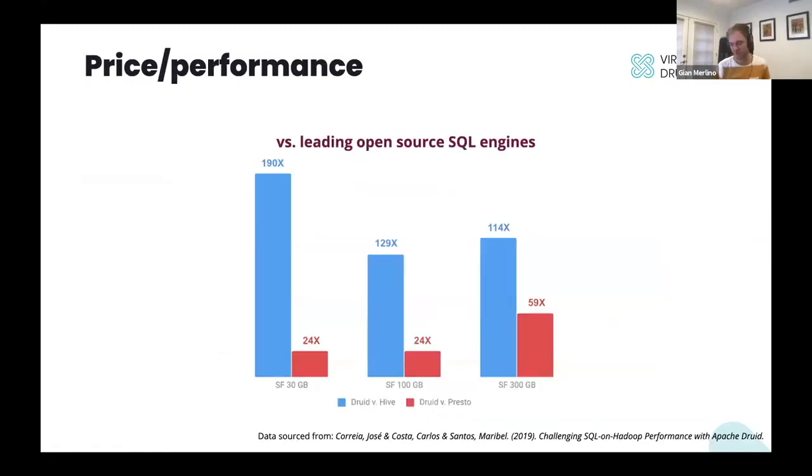And finally, price performance. Price performance is really important. What we found is that independent benchmarks like this one show Druid, with its design for performance, storing an optimized copy of things, having these secondary indexes, and doing all these things I mentioned earlier, has double, triple digit performance advantages over the query engine type stuff.